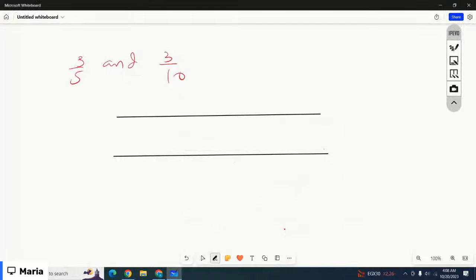3 by 5 means the line has 5 portions in total. This is 0, 1 by 5, 2 by 5, 3 by 5, 4 by 5, and 5 by 5 or 1. The next one is 3 by 10.